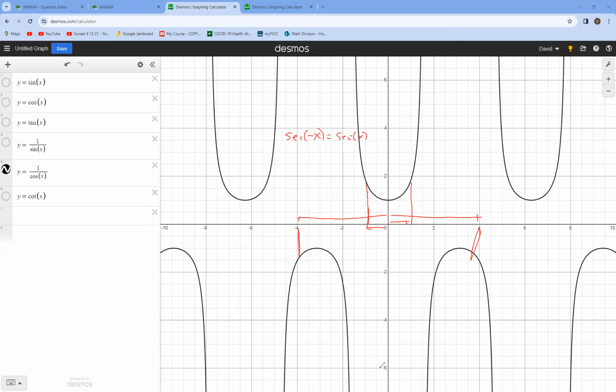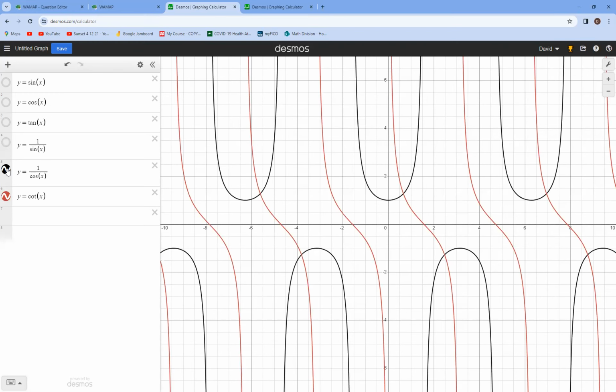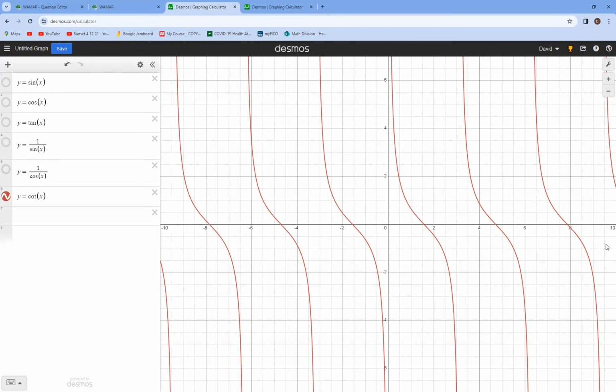The others, if I look at cotangent here, grab cotangent and make cosecant go away. What do we see here? If you come out some distance on the x-axis, I get a positive value.